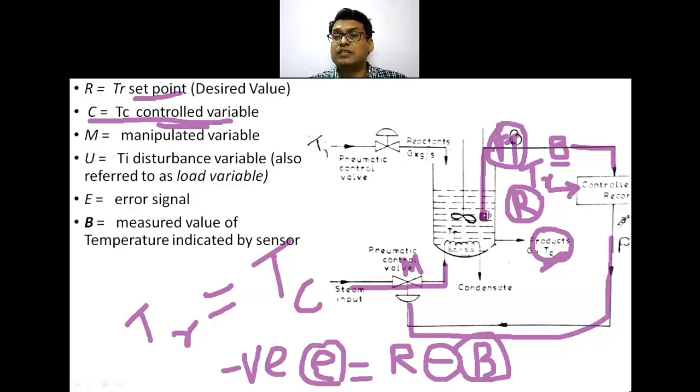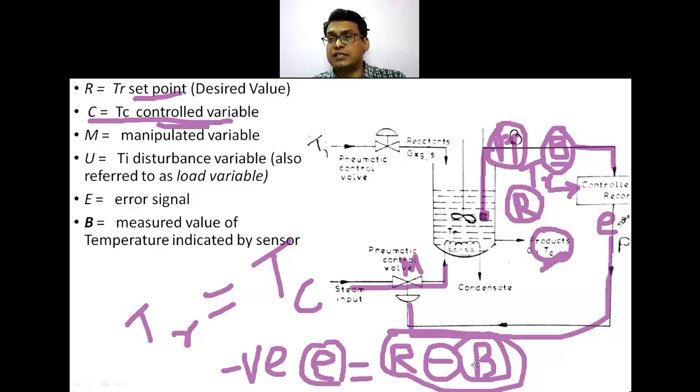That means the measured value transmitted by the temperature transmitter, that is B, is going to a controller, where the controller compares that with the provided set value R and generates an error E. This is R minus B, which is equal to E. R is the set point, B is the measured value.